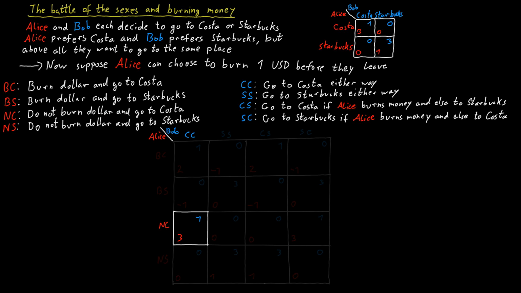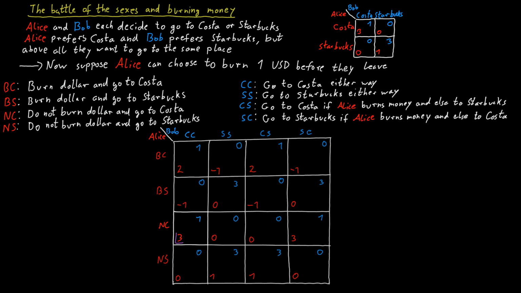To further investigate what is happening here, it is useful to find all the pure Nash equilibria in this game. So again, we mark all the best responses, and then we can easily identify the pure Nash equilibria of the game. We can see that there are 4 pure Nash equilibria in this game.